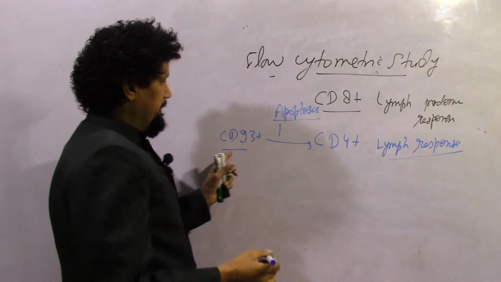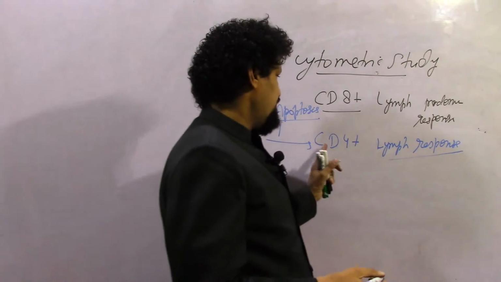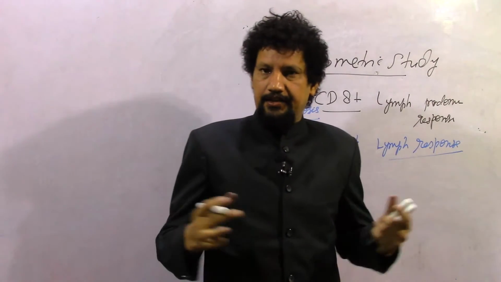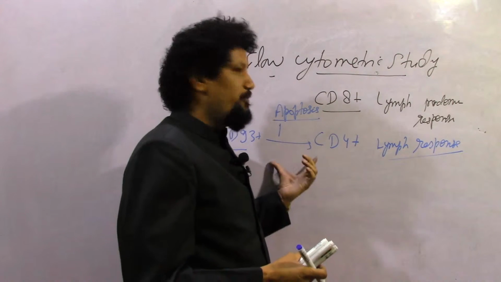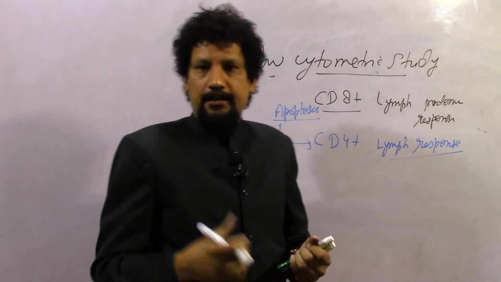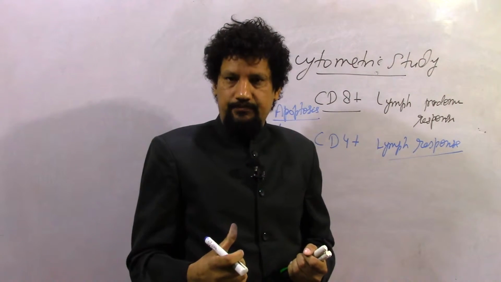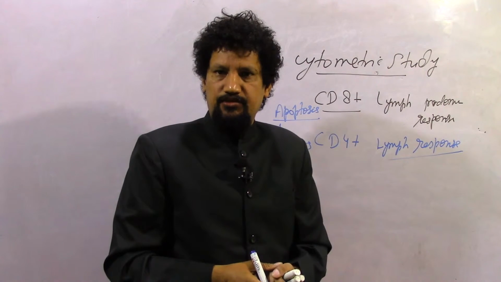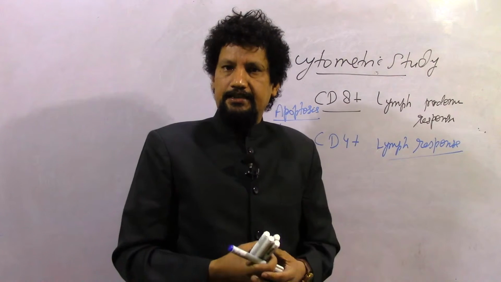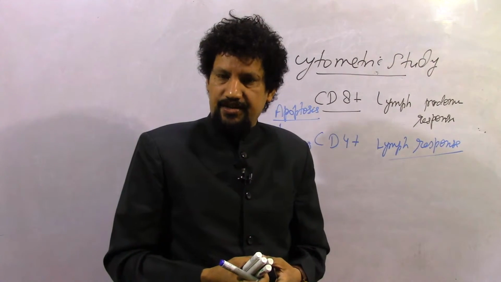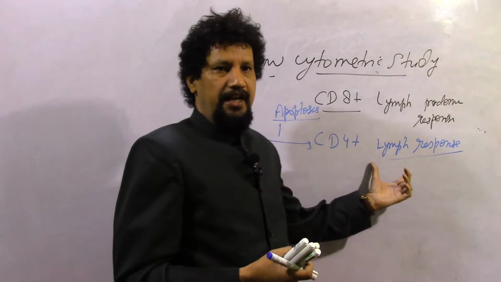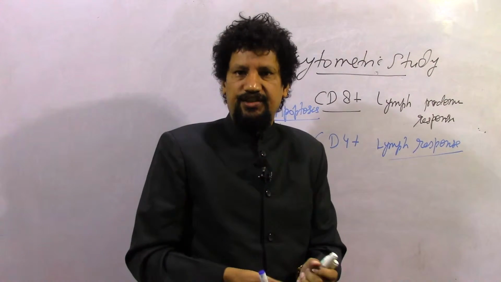This CD93 mediated or based apoptosis of CD4 lymphocytes in later part of the disease explains the lymphopenia in the chikungunya fever. Why there is lymphopenia in patients of chikungunya? Because there is CD93 based apoptosis of CD4 lymphocytes in the later part of the disease.